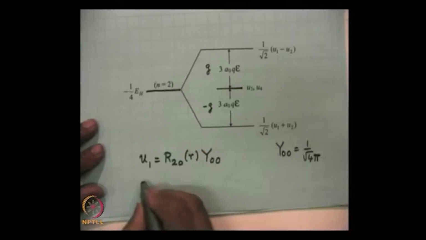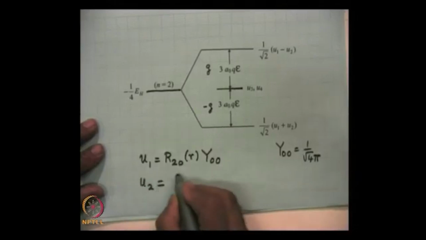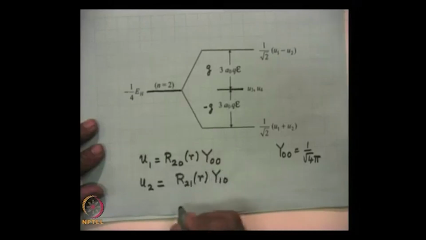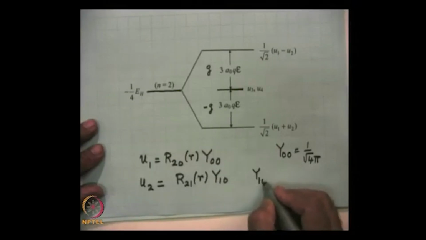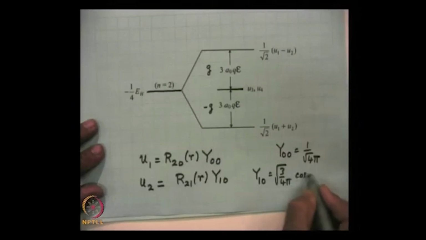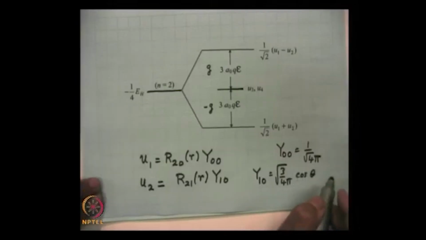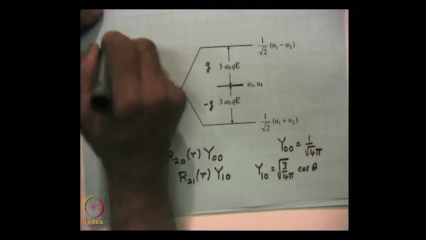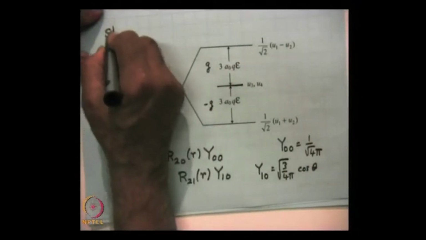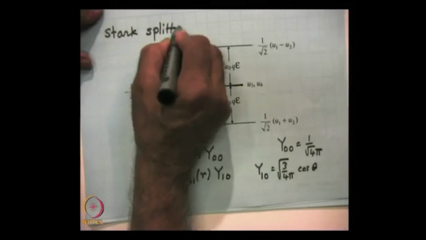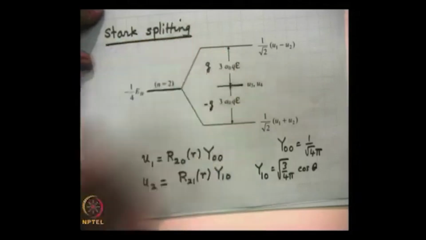This is the spherical harmonic, and u2 is equal to r21 of r and y10, and what is y10? That is just root of 3 by 4 pi cos theta. So, they both correspond to m equal to 0 states. This splitting of the n equal to 2 state is known as the Stark splitting.